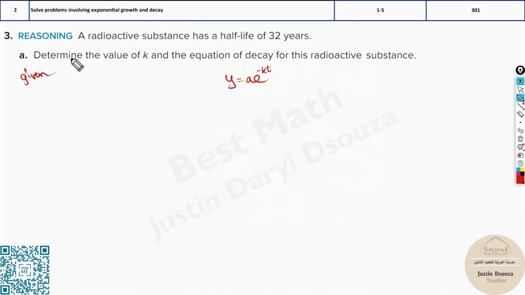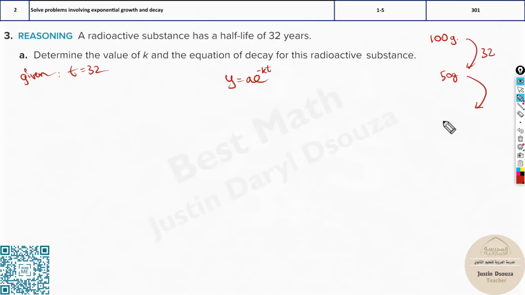Now, given a radioactive substance has a half-life of 32 years. So what is the time? It's 32. Now what is exactly half-life? Half-life is the amount of time taken for a particular element to come to half of its initial amount. In the sense, if there is 100 grams of some radioactive substance, and 32 years is the half-life, after 32 years it will come to 50 grams.